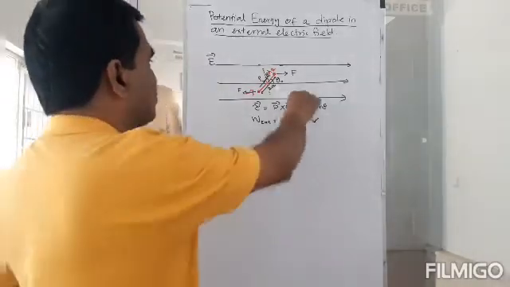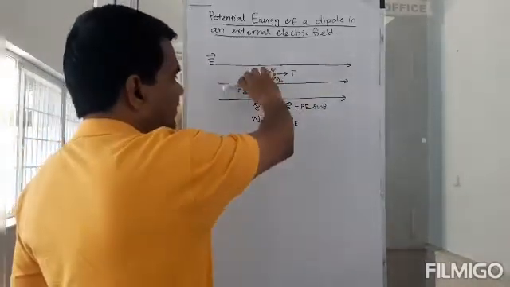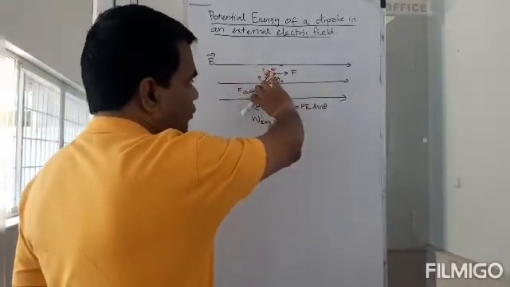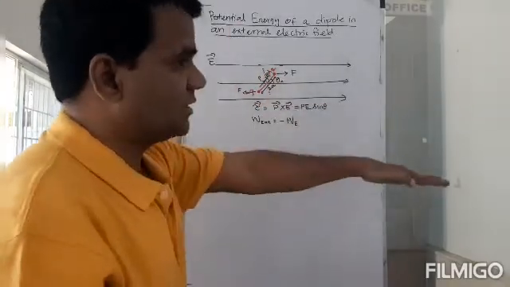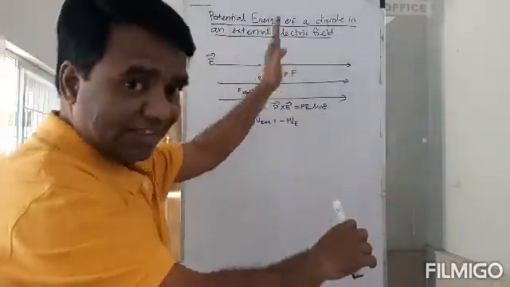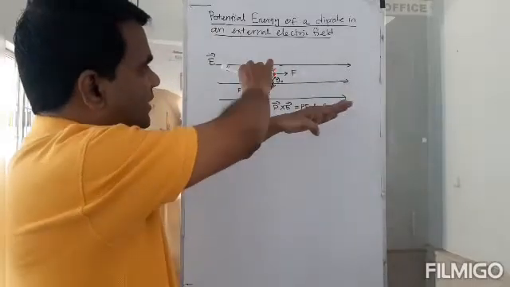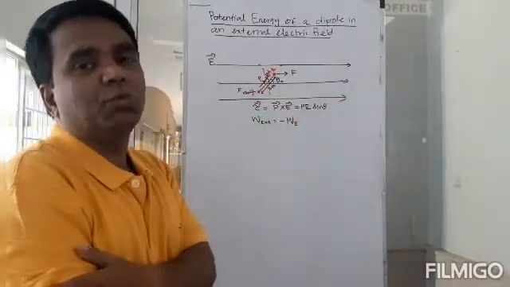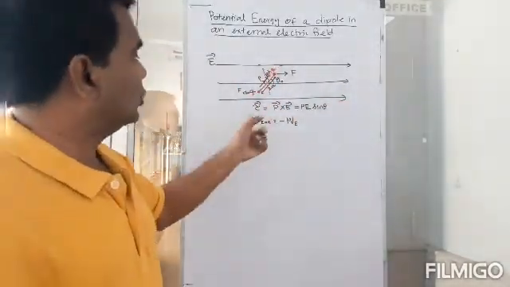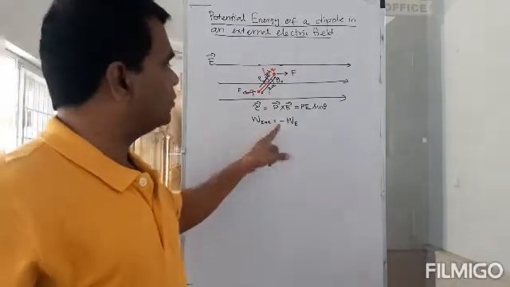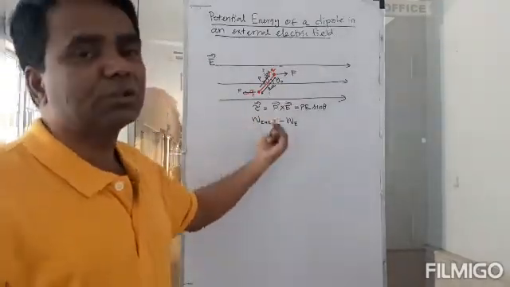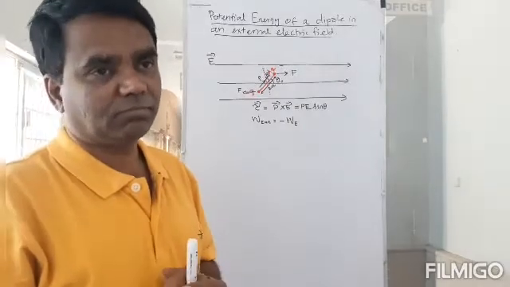The motion is in this direction, but the force from E is acting in this direction, so E does negative work. And the external force will do the negative of that negative work, so it will become positive. Okay?